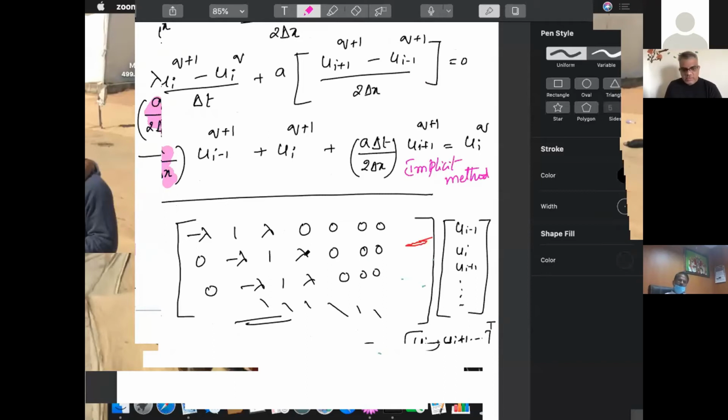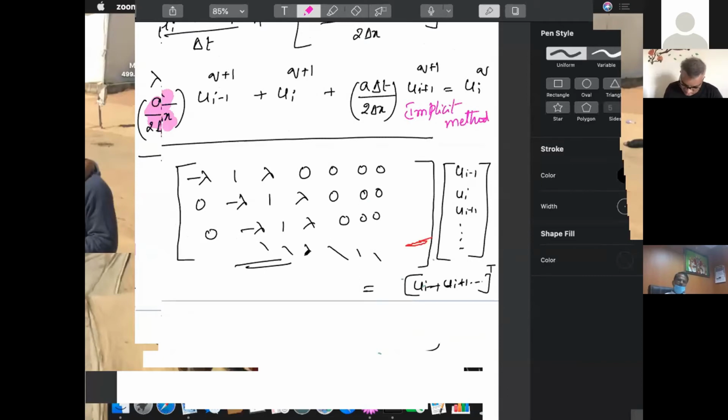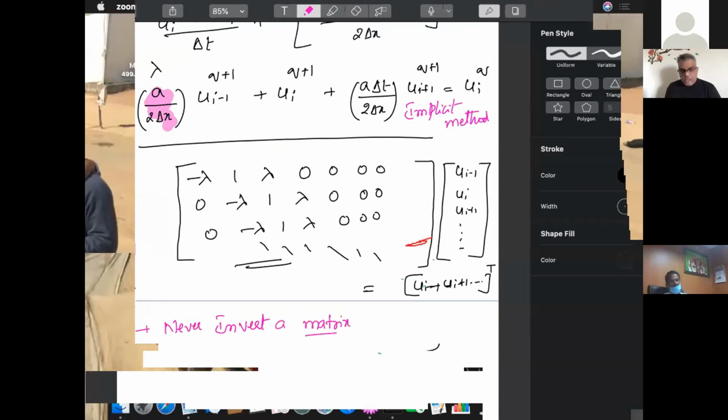In CFD, the general rule is to never invert a matrix. The reason behind not inverting a matrix is simple. Matrix inversion is the costliest operation that is performed on a computer.